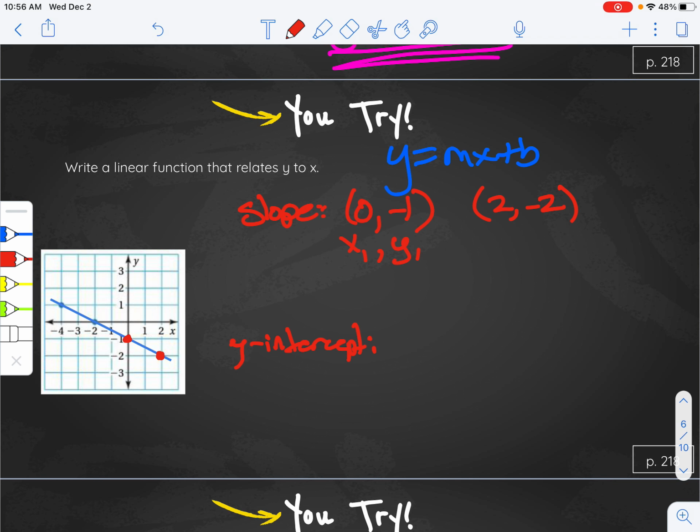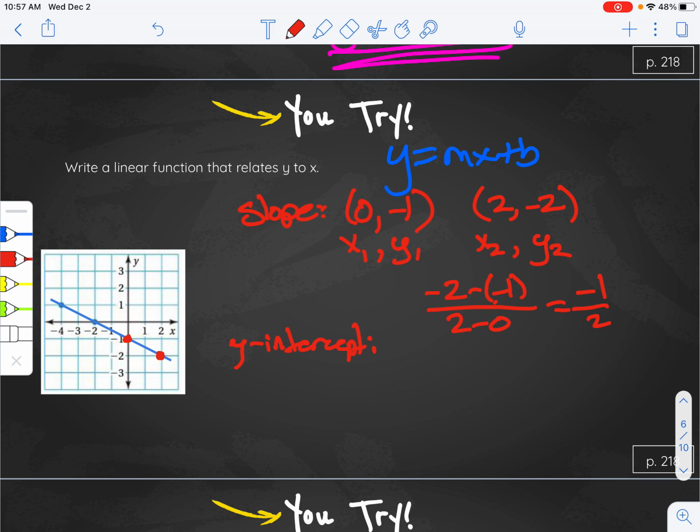Now, just like I have been doing, I'm going to label these just so that I don't mix them up, keeping that consistent. y2 minus y1 over the top of x2 minus x1. -2 minus -1 is really -2 plus 1, so we have -1 over 2.